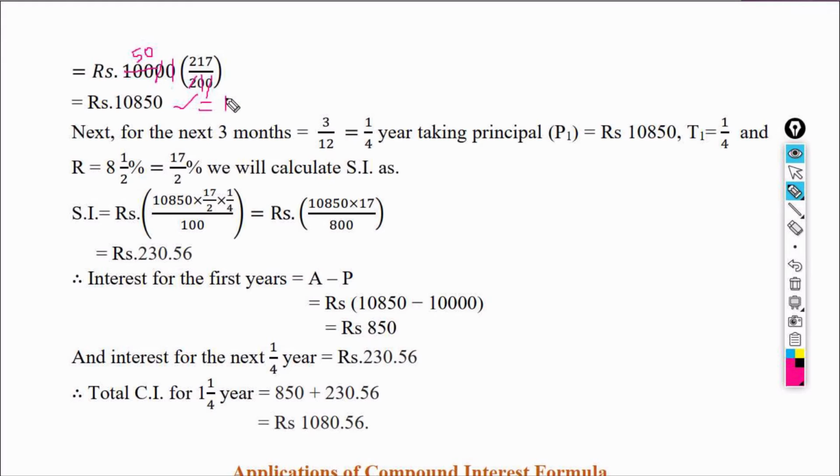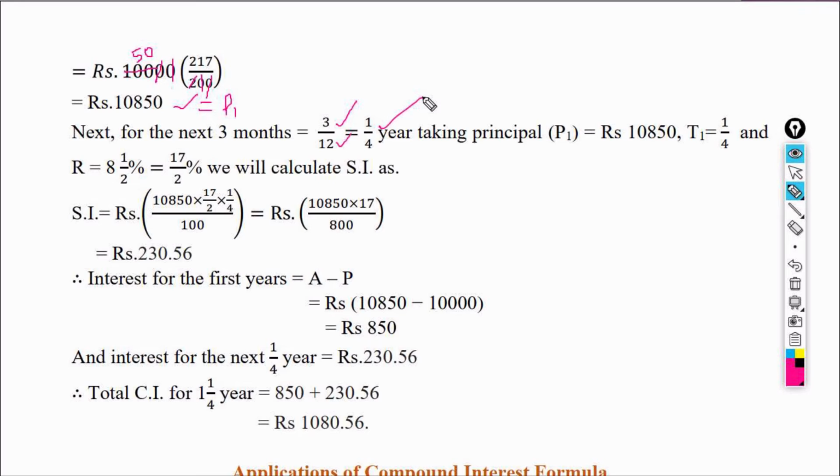Let us suppose P1 for the next 3 months, and convert 3 months into years: divide 3 by 12, since there are 12 months in a year, then you will get 1 by 4 year.